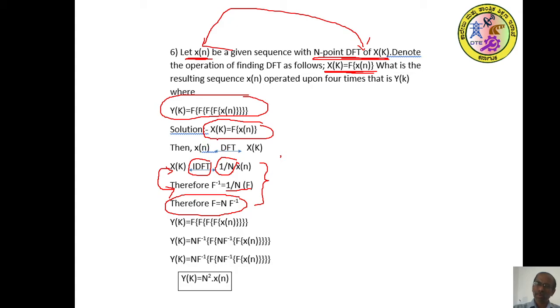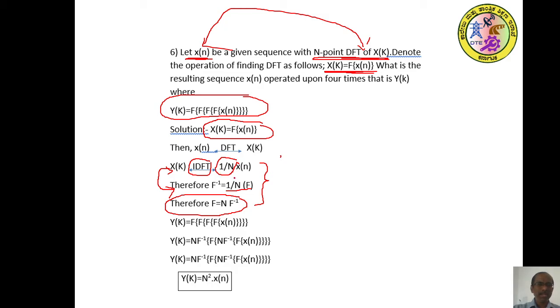Can we use this to calculate the IDFT of a system? Yes. If I give X(k) to IDFT, I should get x(n). But I am using a function, something like a sum of products, so I want to put an extra term also, that is 1 by N here.